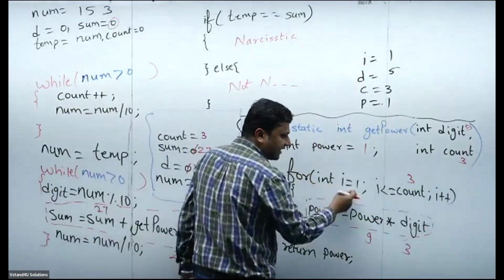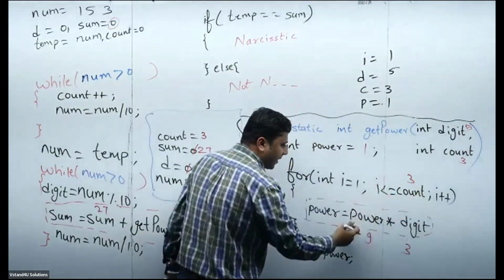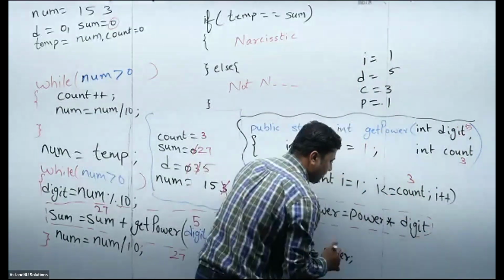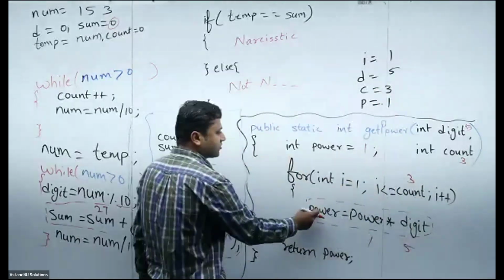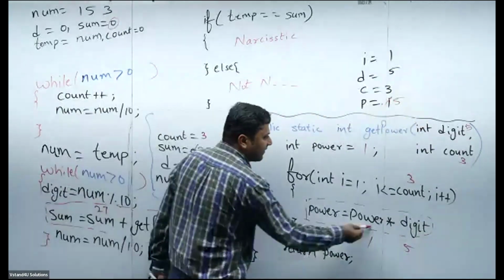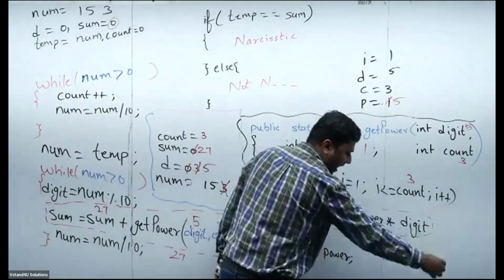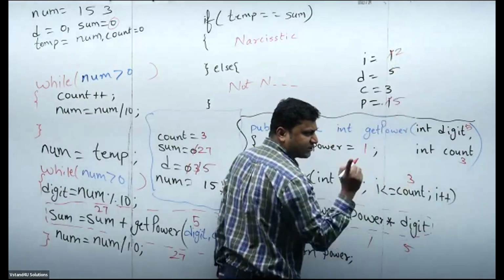Now once again, i is starting with 1. 1 is less than or equal to 3, condition true. Power existing value is 1. 1 into digit is what? 1 into 5 is 5, stored in power. Once again, I will be incremented to 2. 2 is less than or equal to 3, condition true.